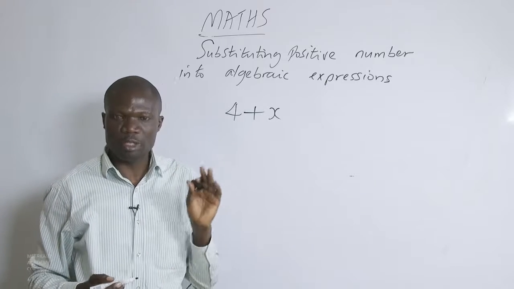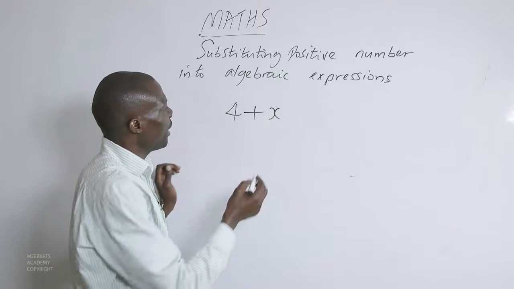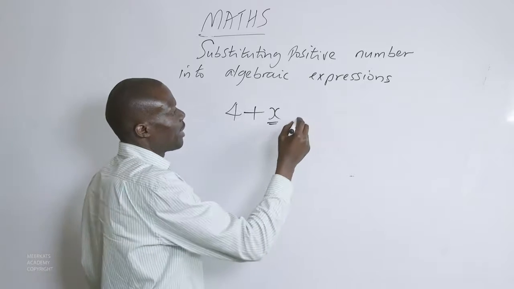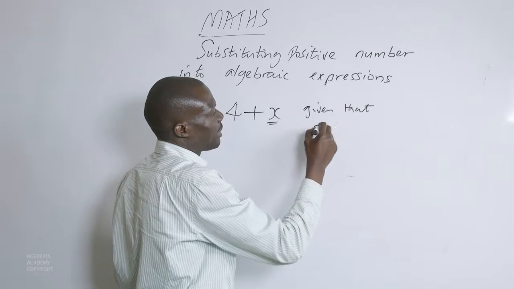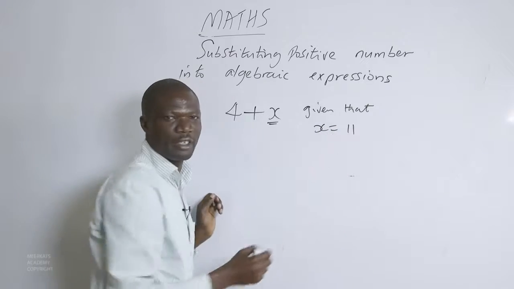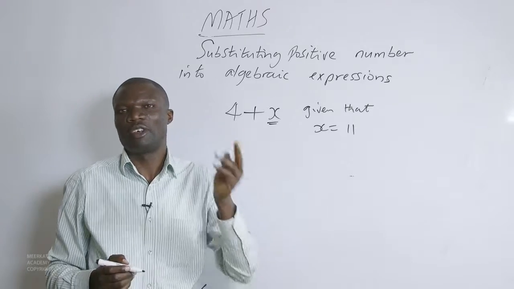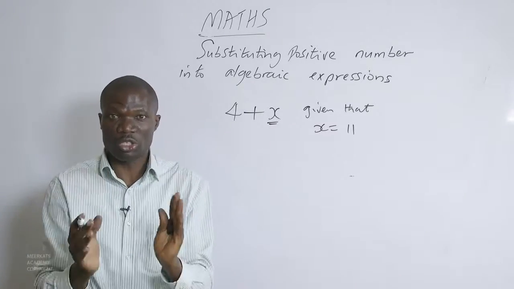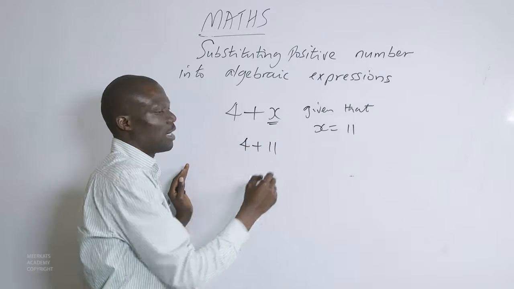In this expression, if we had a value for x, like given that x is equal to 11, then it means that at the place where we have x, we shall write 11. So we shall substitute. That's what substitution means. Then we have 4 plus 11.